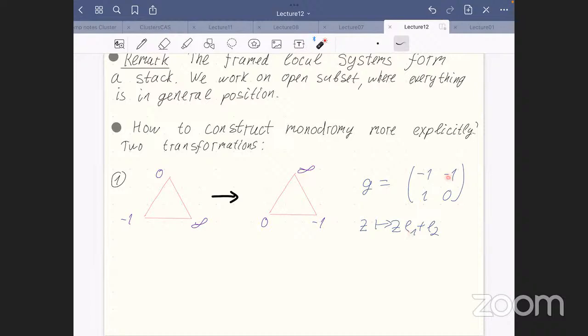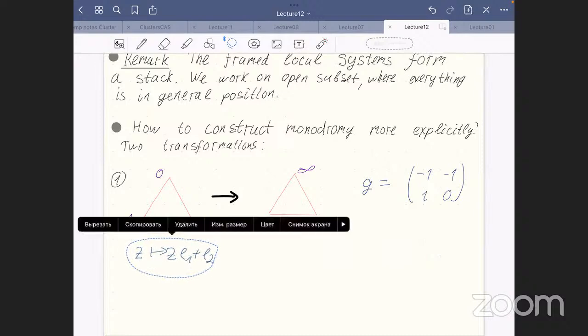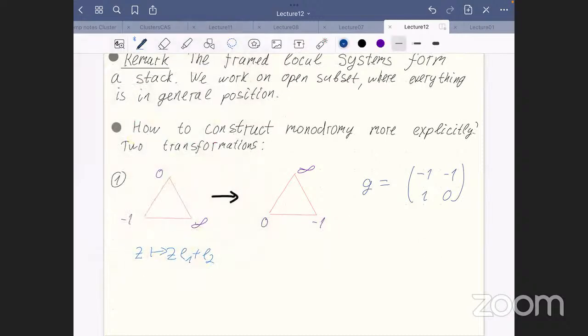So this G maps E1 to minus E1 plus E2. E2 maps to minus E1 and minus E1 plus E2 maps to something.